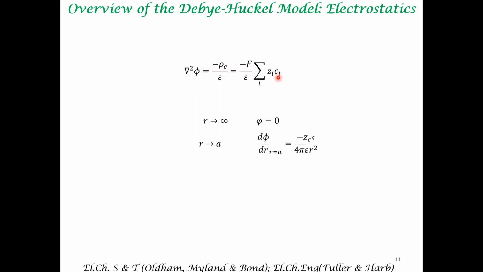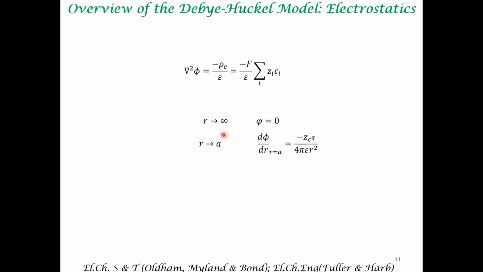What would be the boundary condition? If I have r equal to 0 as my reference ion, and as I go far away from the ion, then because of the electroneutrality condition, my potential will be 0. Because this is a second order linear equation, I need two boundary conditions. One would be as I tend to infinity, my potential will be 0 just because of electroneutrality.